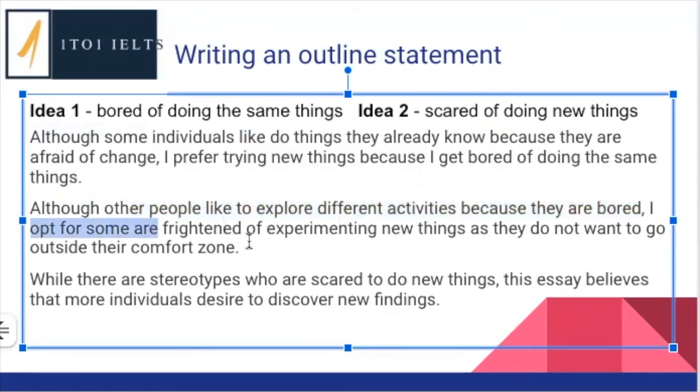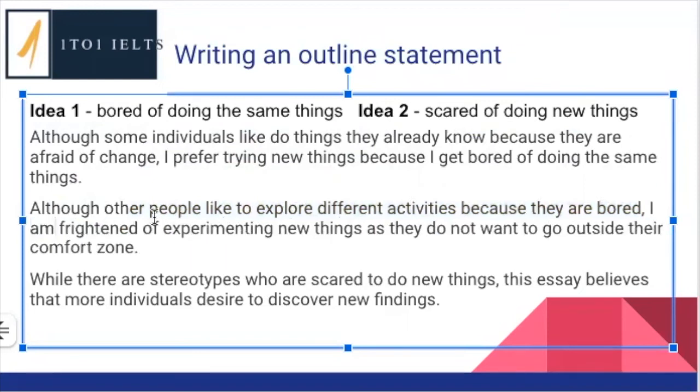So I prefer frightening. So I think we're not liking this. Okay, this is how I'm going to change this. I am frightened of experimenting new things. Experimenting needs a preposition. What is the preposition that goes with experimenting? Nope, not of. You experiment.